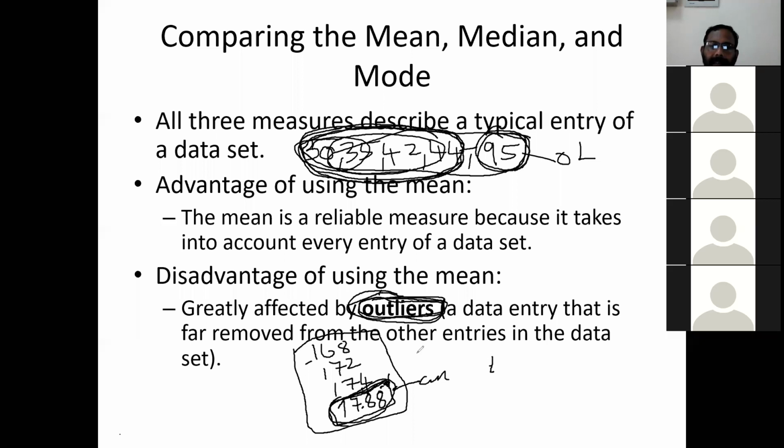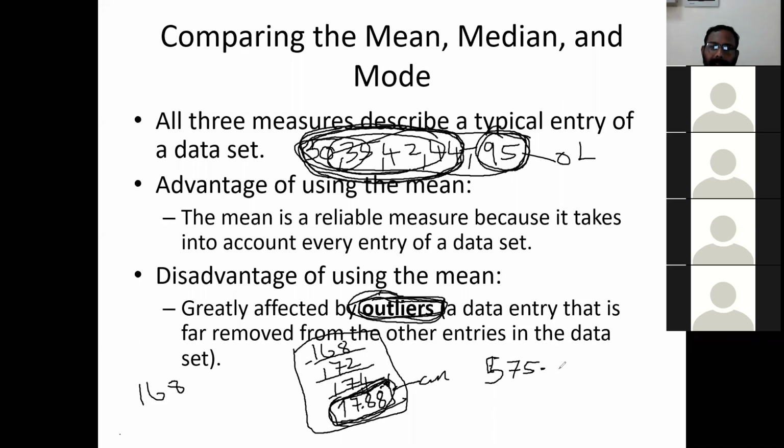Once again, add 168 plus 172 plus 174 plus 1788, and divide by 4. The answer I want is 575.5.